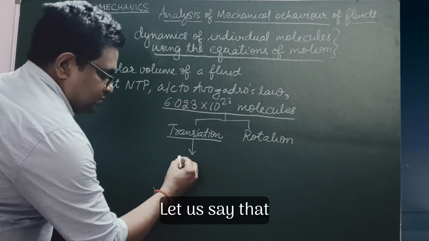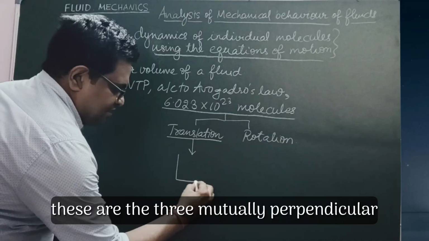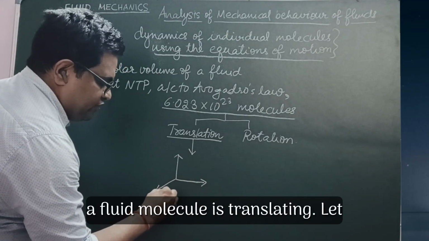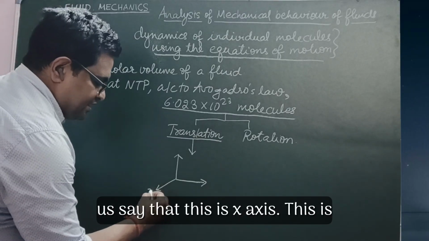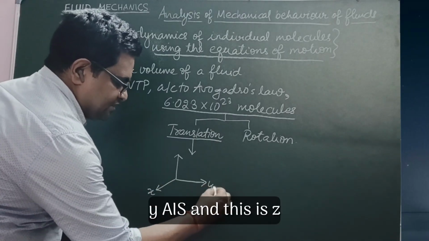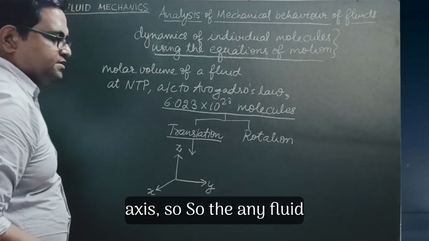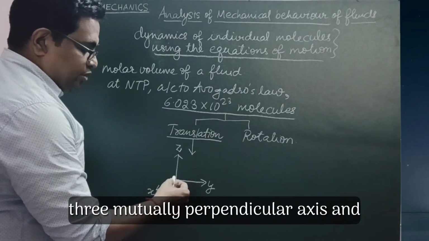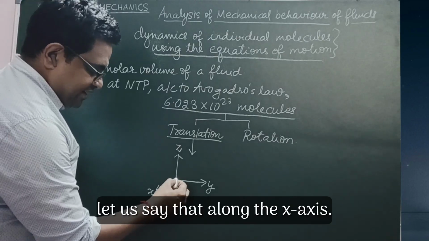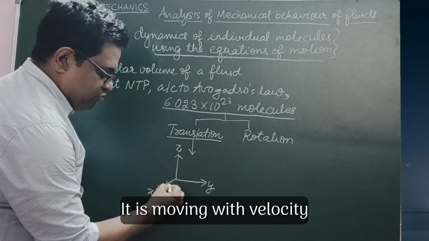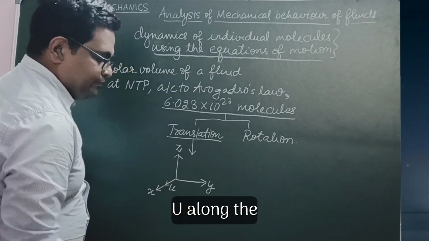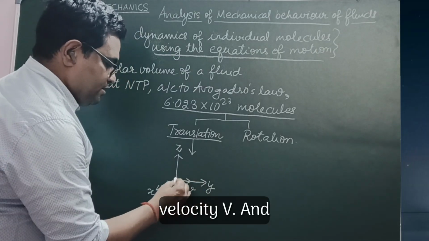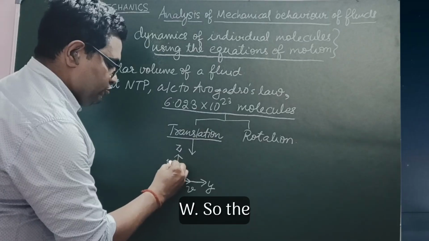So let us say that these are the three mutually perpendicular axes along which a fluid molecule is translating. Let us say that this is x-axis, this is y-axis, and this is z-axis. So any fluid molecule is translating along the three mutually perpendicular axes, and let us say that along the x-axis it is moving with velocity u, along the y-axis with velocity v, and along the z-axis w.